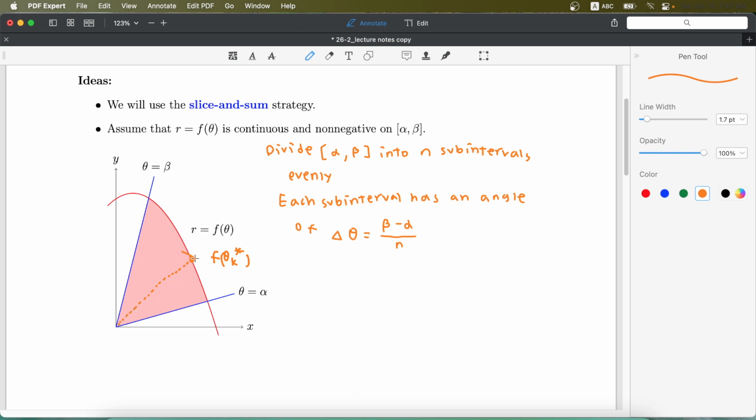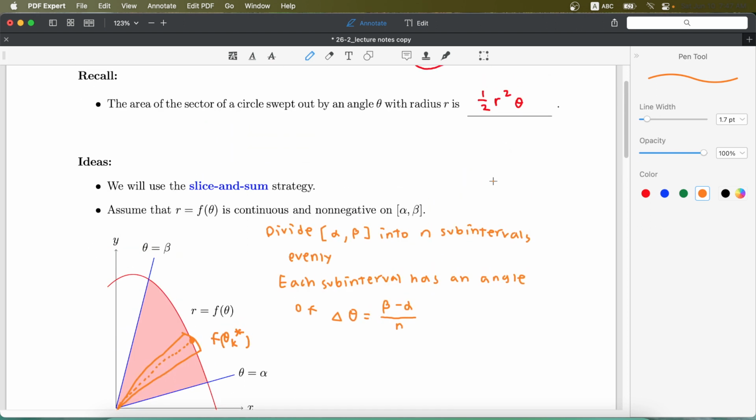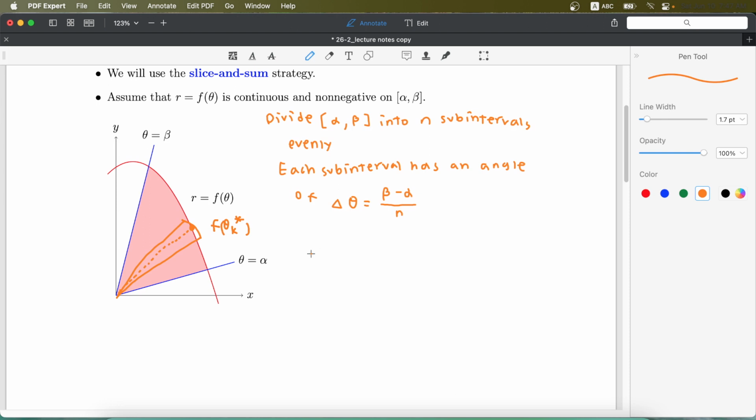Now we can form a sector, and we want to use the area of this sector as the approximation of the area enclosed by this curve. We use the formula we talked about previously, 1/2 r squared theta. Here the radius is evaluated by f of theta k star.